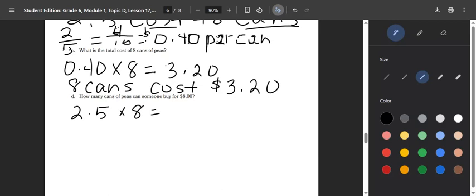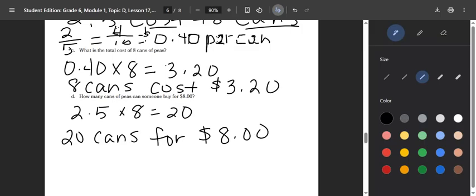So 2.5 cans times $8 will give you 20 cans. So if you have $8, you can buy 20 cans.